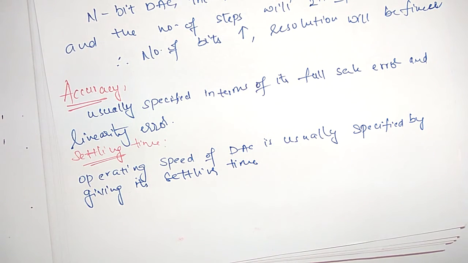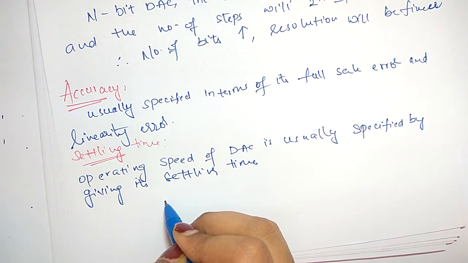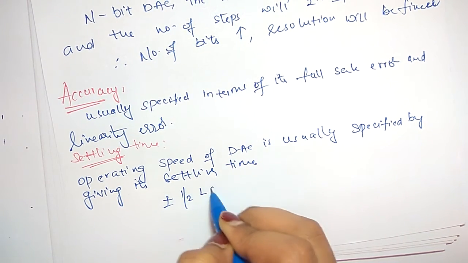So settling time means what? It is defined as the total time between the instant when the digital input changes and the time the output enters a specified error band for the last time. That is generally given by plus or minus half LSB.